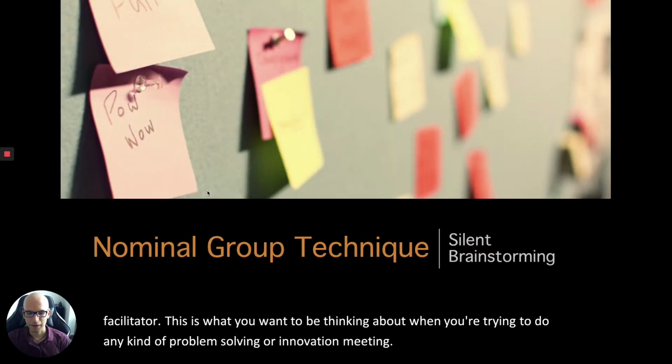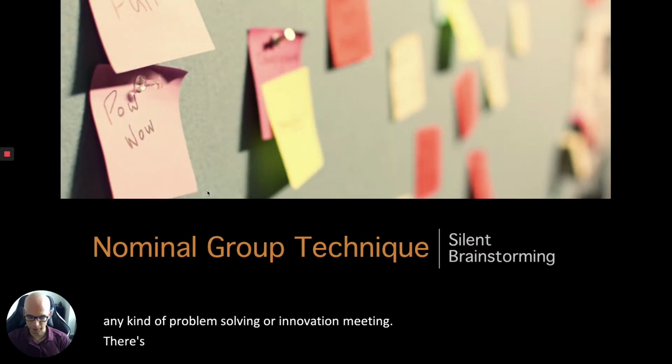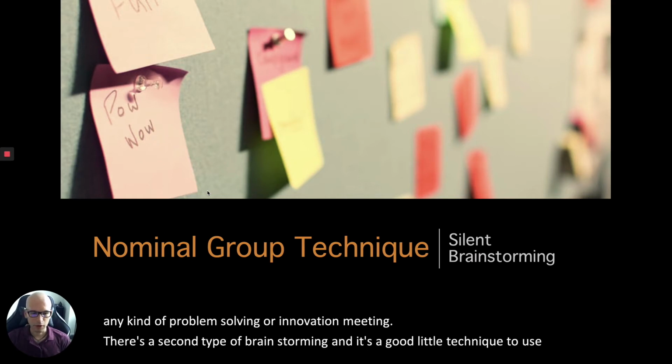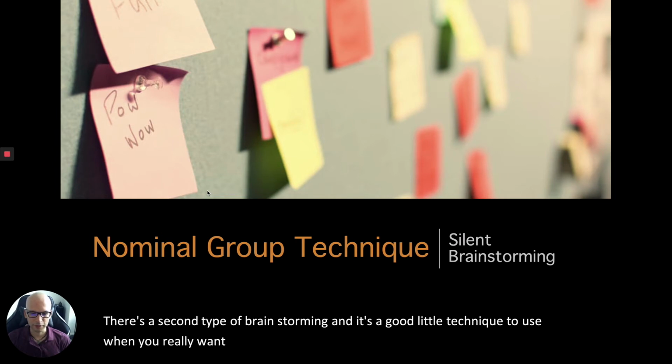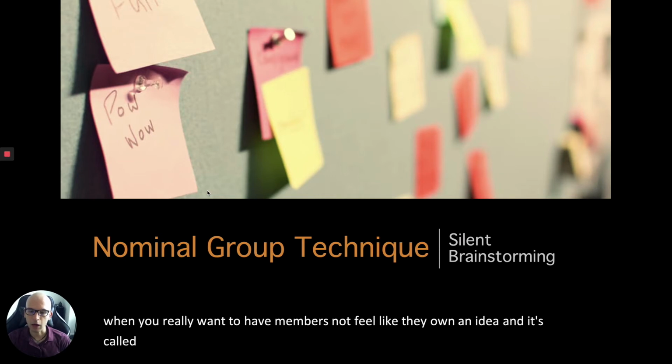Now, there's a second type of brainstorming, and it's a good little technique to use when you really want to have members not feel like they own an idea. It's called the nominal group technique, also known as silent brainstorming.